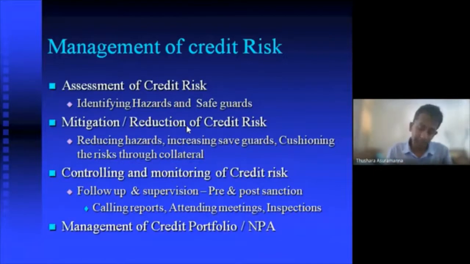So basically, we try to understand what is risk, how it is identified, measured, controlled, reviewed, what are the functions of credit risk, why it is important, what's the link between credit risk versus creditworthiness, and how we are going to manage the credit risk. That is basically what we have learned so far.